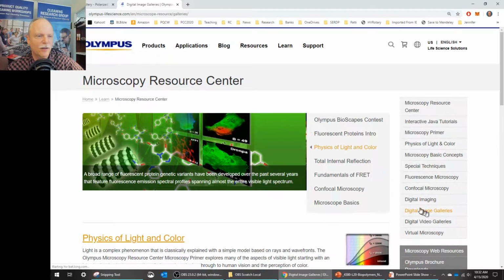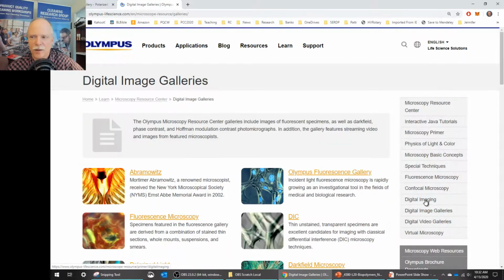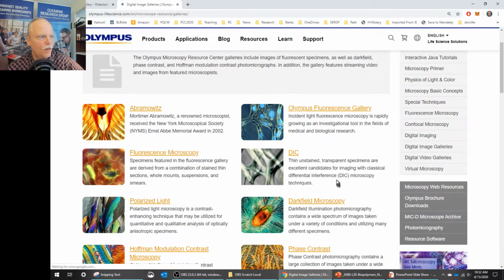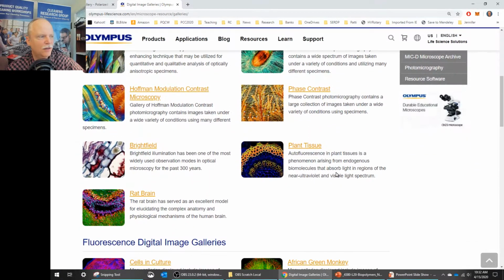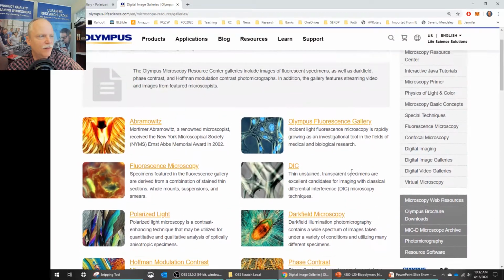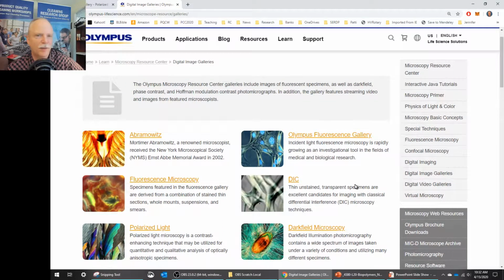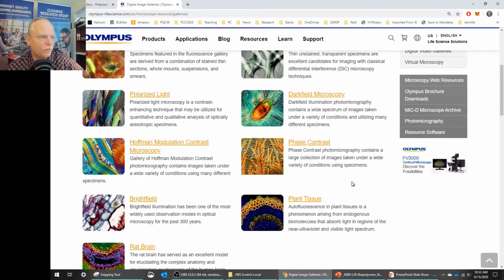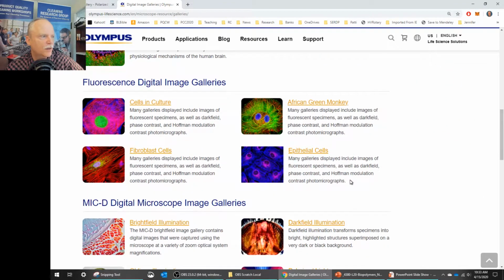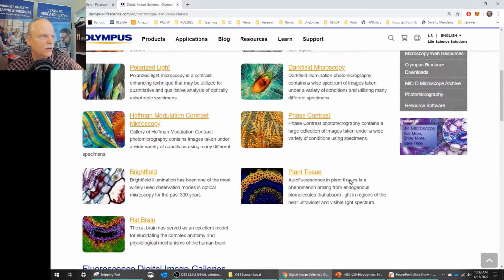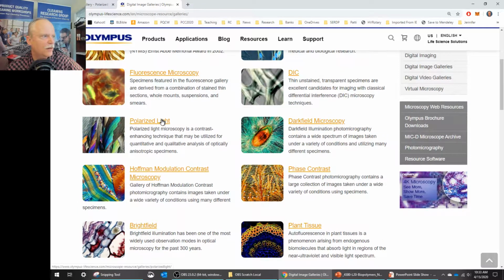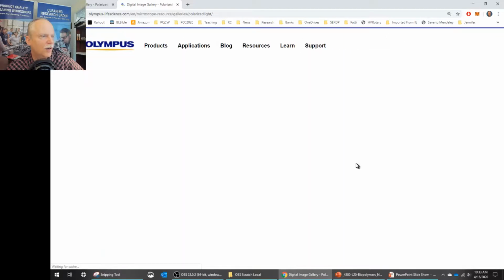So you click that, and you can look at all of these different kinds of images that were taken, of course, on Olympus microscopes. And so let's look at, I think this was the polarized light microscope gallery that I used to find the hair.